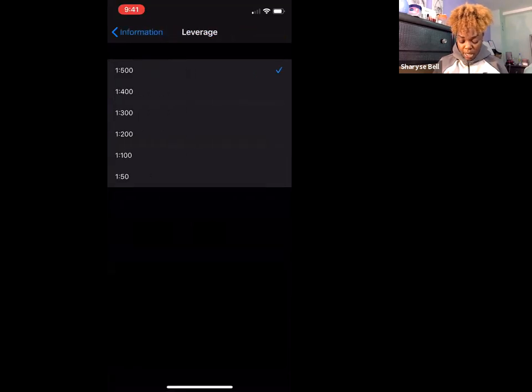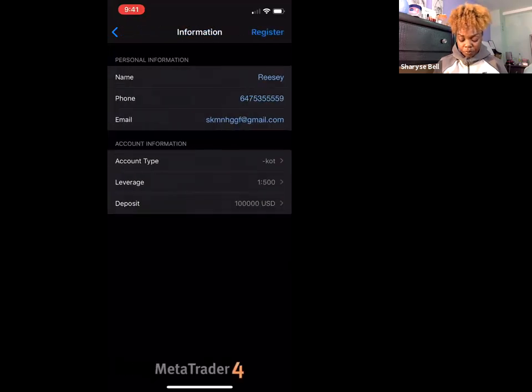Your leverage, you're going to push it down to 1 to 400 or 1 to 300. You can leave it at 1 to 500 if you want, and you're going to get the max leverage out of it. Just understand that because of the economic times we're sitting in right now, the markets are a little volatile. There's a bit more movement.